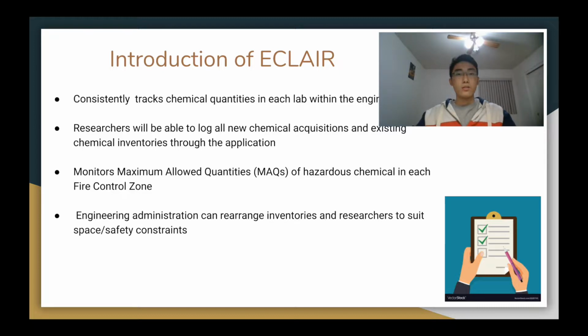So these notifications would allow researchers and engineering admins to keep an eye out for any incoming chemicals to make sure they don't go into these areas that are approximating this constraint.